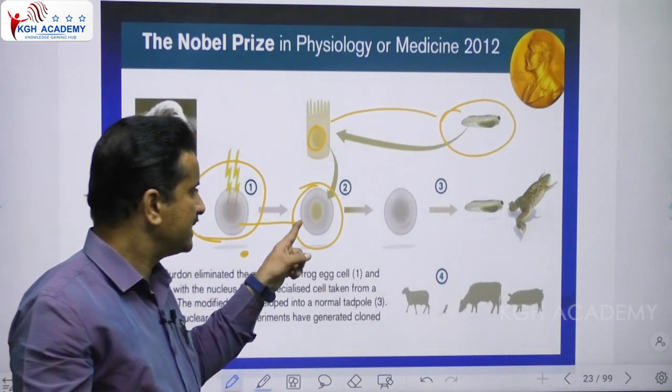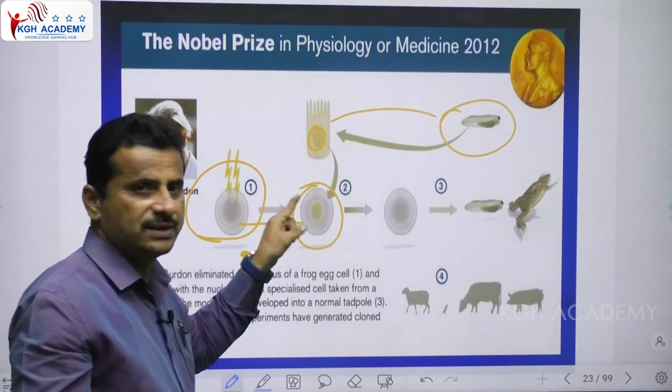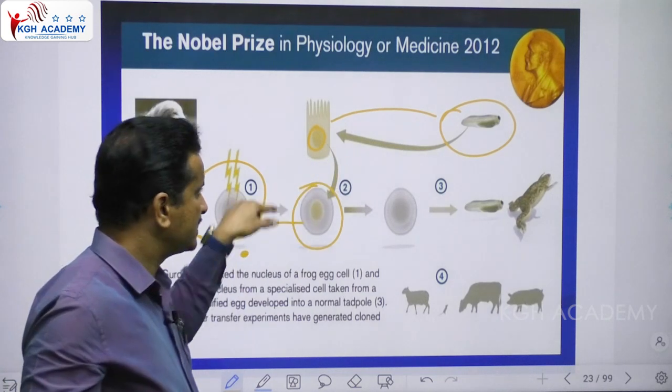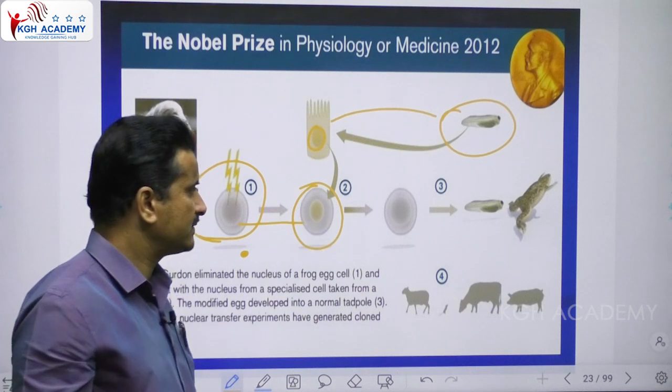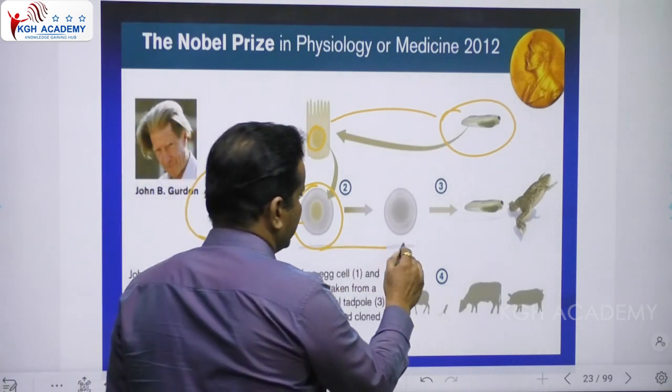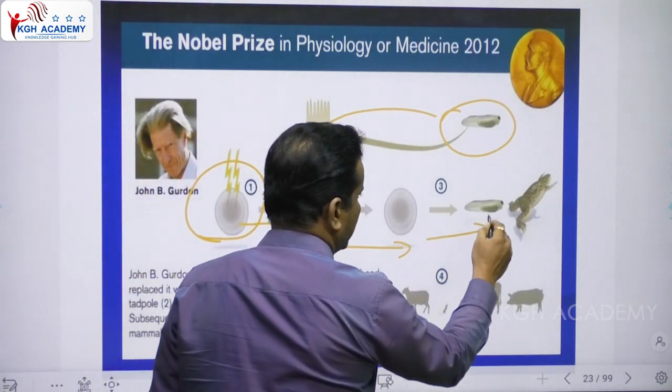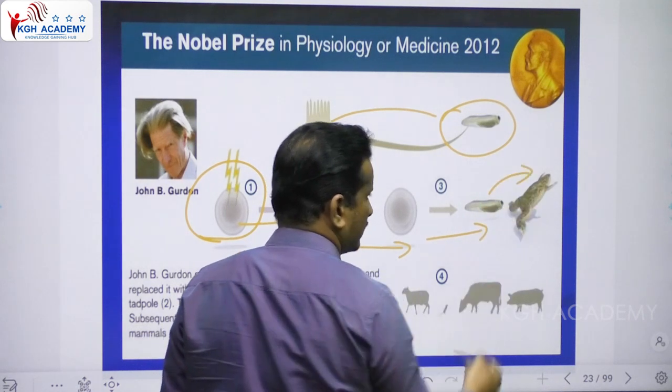This egg contains a somatic cell nucleus, and this process is called somatic cell nucleus transfer. After this becomes an embryo, the embryo becomes a tadpole larva, then a frog.